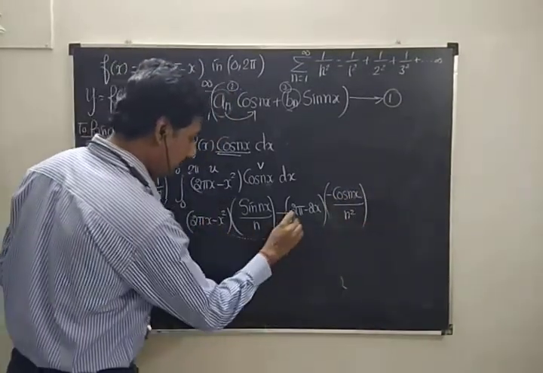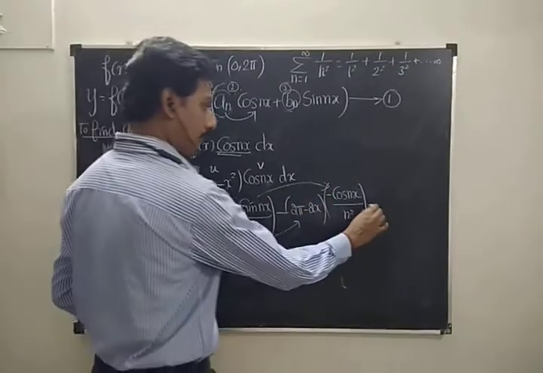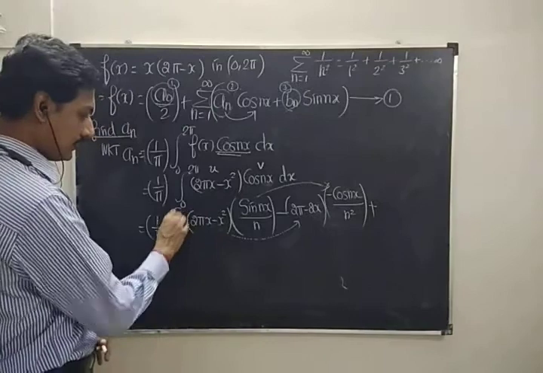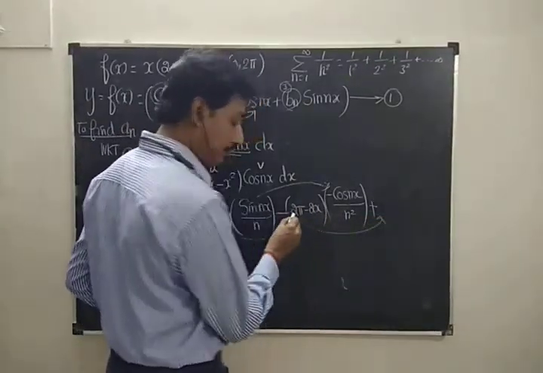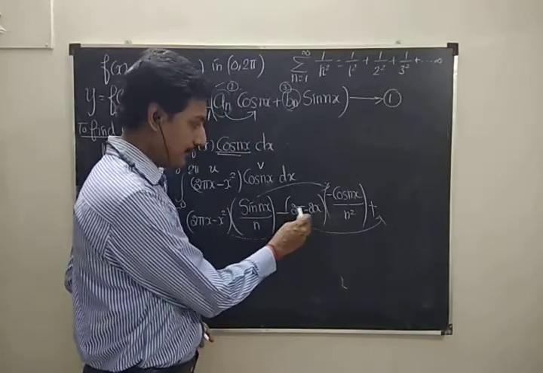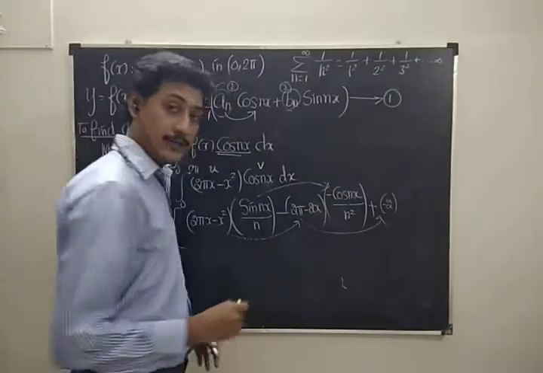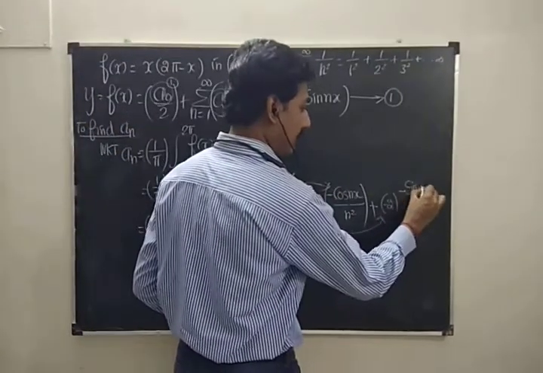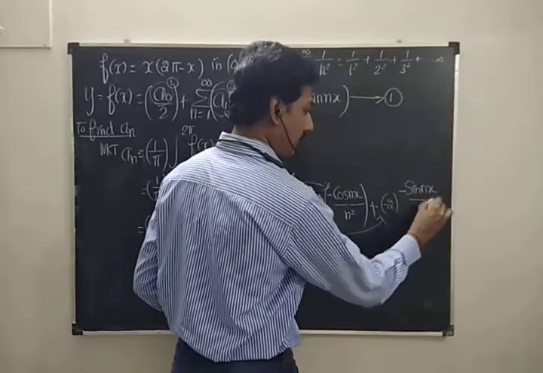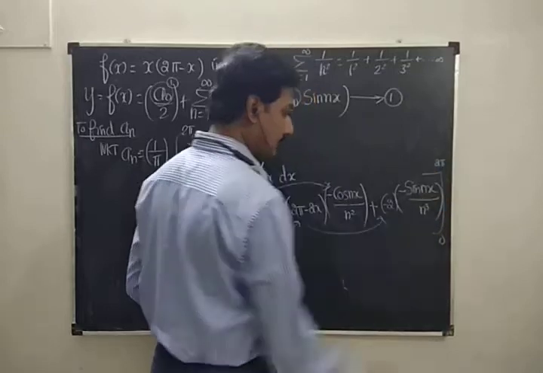Sir, differentiation, integration formula: plus, minus, plus. Again differentiate this with respect to x. We get 2 pi is a constant, so 0. Minus 2x becomes minus 2. Correct? And cos nx integration is plus sin nx. So minus is retained: minus sin nx by n cube, the third time integration. Close the limit 0 to 2 pi. Right?